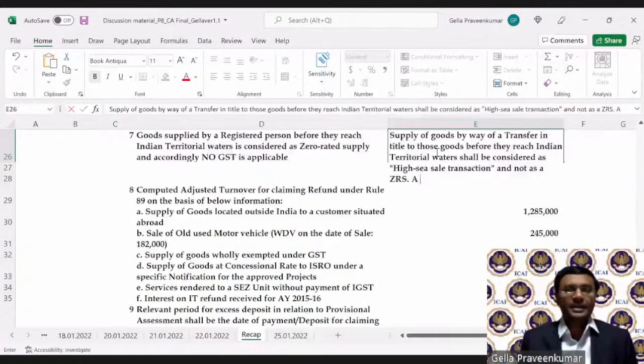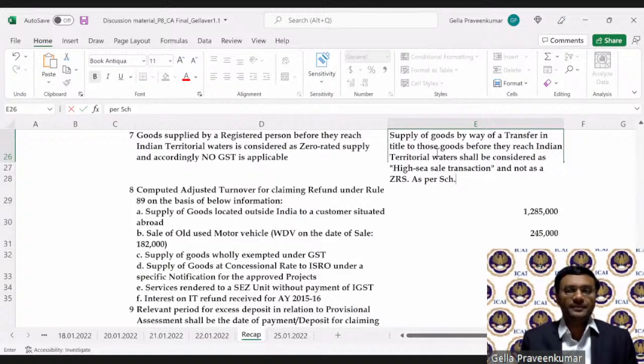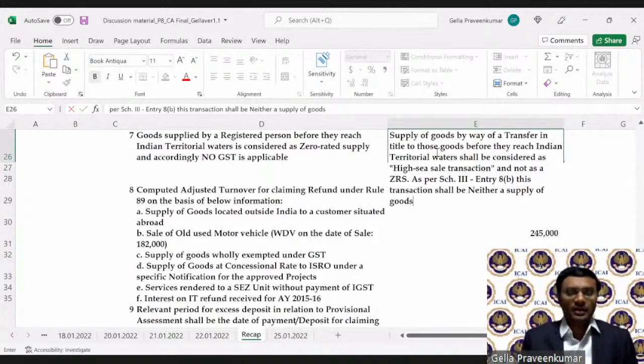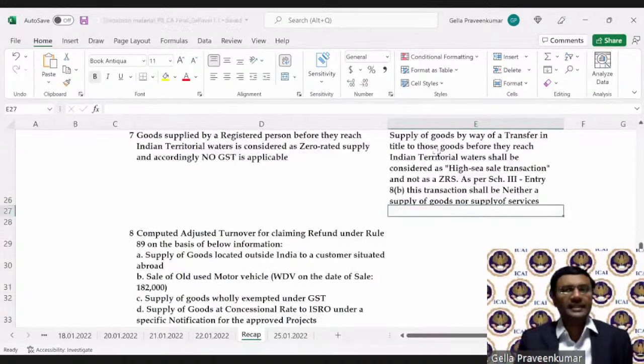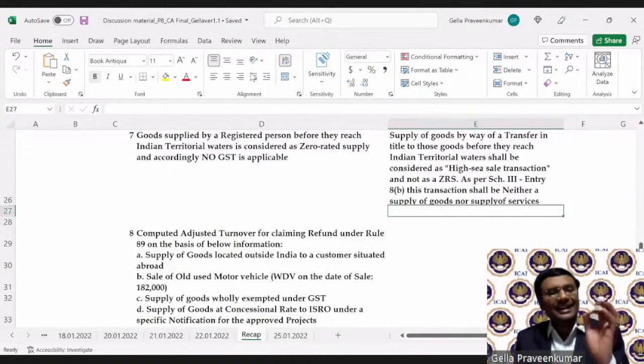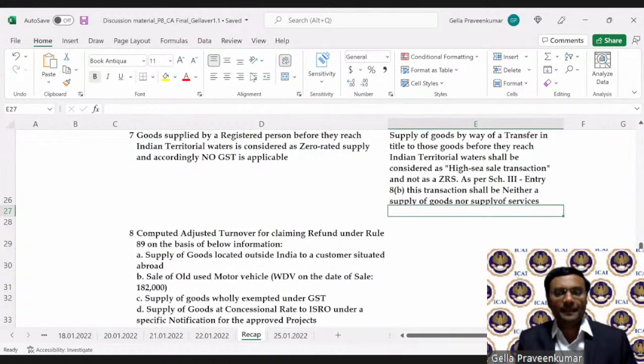Further, as per Schedule 3, entry 8B, this transaction shall be neither a supply of goods nor a supply of services. Please recap the provisions which we have discussed while doing the calculation of aggregate turnover. So you have to be very, very clear with your points of contention when you are solving the questions.